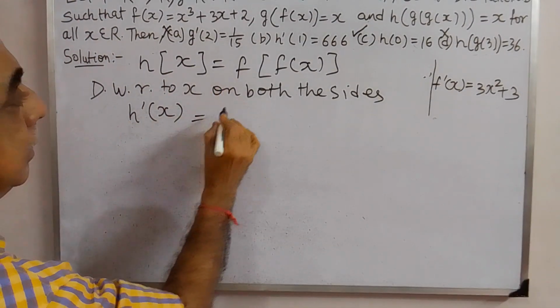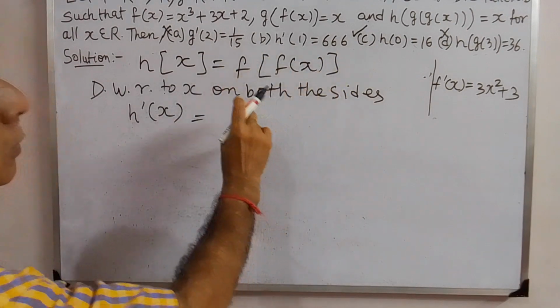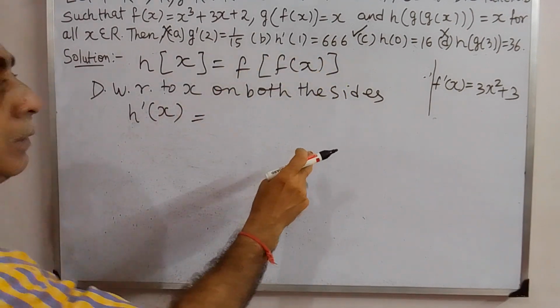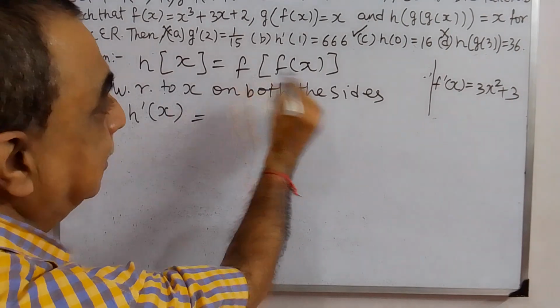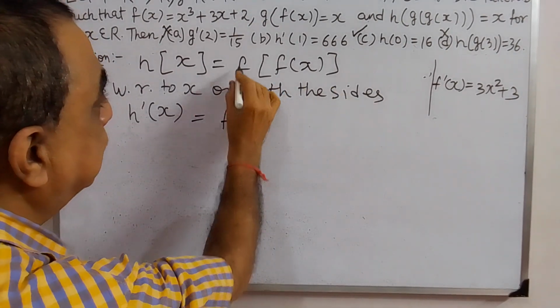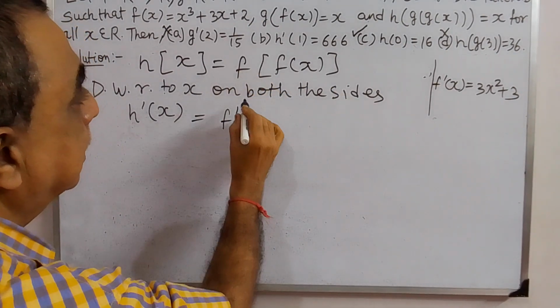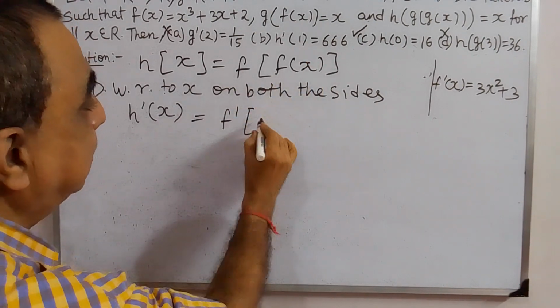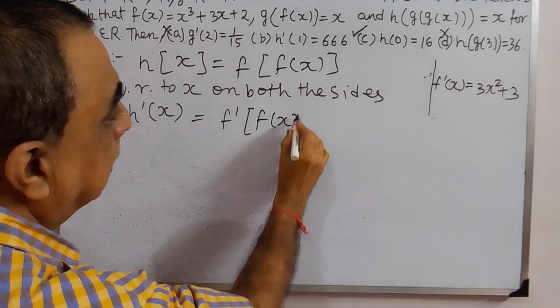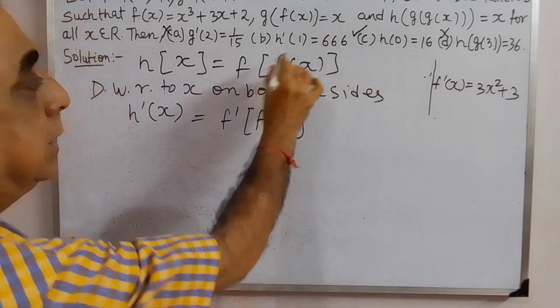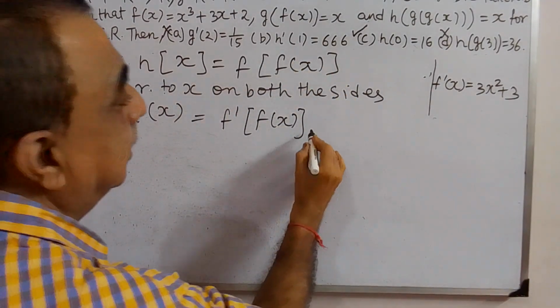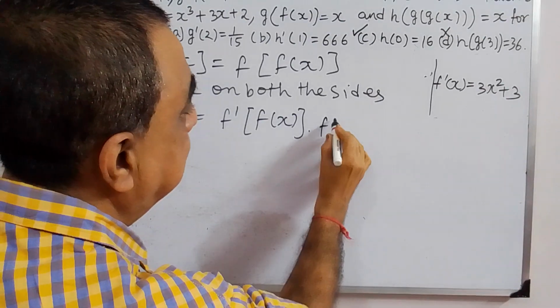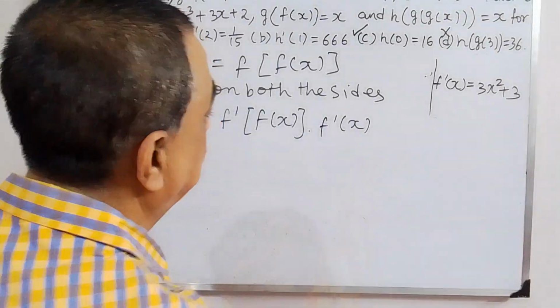And here you will differentiate. This is a function of a function, so that is the chain rule. First we differentiate the outer function, so this will become f dash of fx. Then we differentiate fx again, so this into f dash x, chain rule.